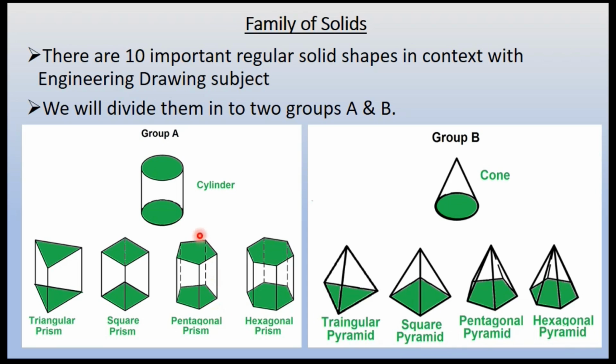Most of the students will get confused between the pentagonal prism and the pentagonal pyramid. They will get confused between prisms and pyramids, and also some people will get confused about planes. For example, this is only a circle, but this whole is a cylinder. Some people will also get confused between only a square, the plane square, and the solid square prism.